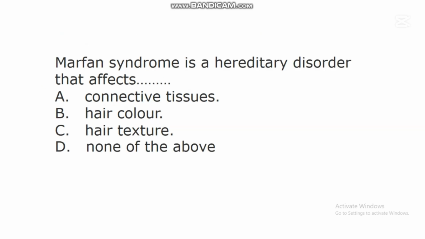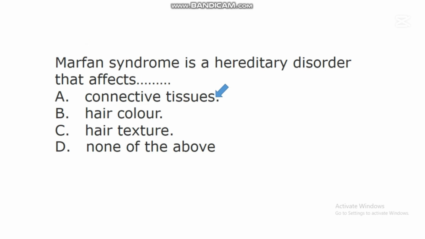The next question says, Marfan syndrome is a hereditary disorder that affects dash. A. Connective tissues. B. Hair color. C. Hair texture. D. None of the above. In this question, the correct answer is A. Connective tissues.